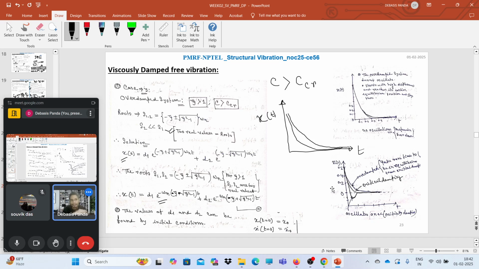Examples of underdamped systems in engineering applications are buildings and bridges. Critically damped system: the shock absorber of a bike or car. And overdamped system: the automatic door closer. You know that damper on the top of the door is actually designed as an overdamped system.